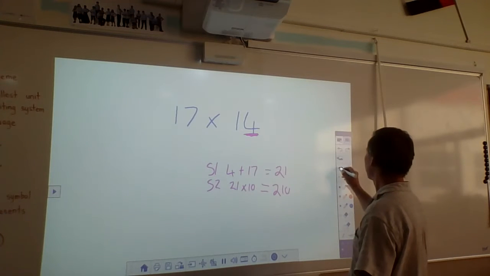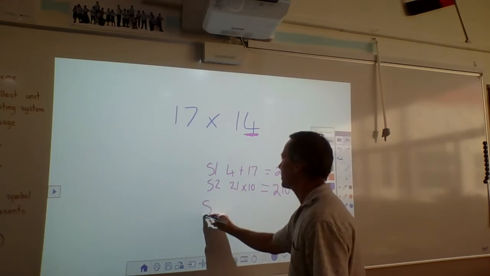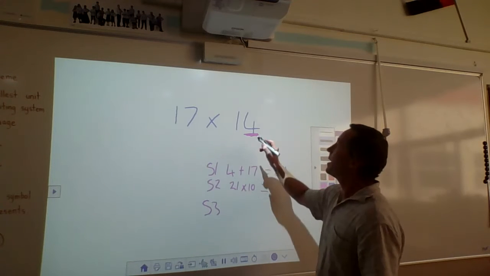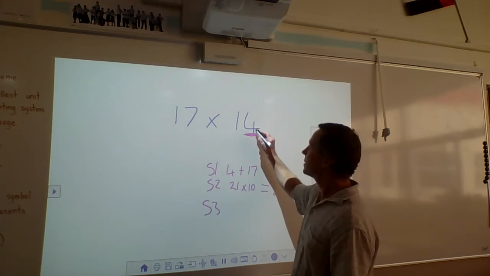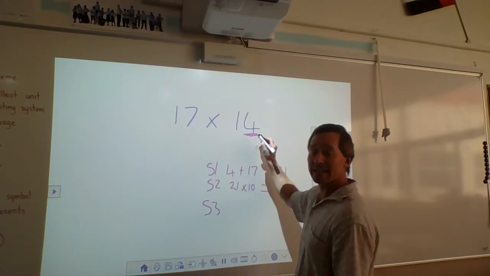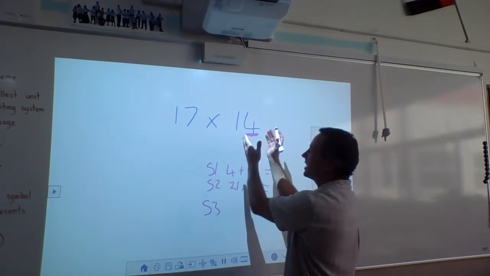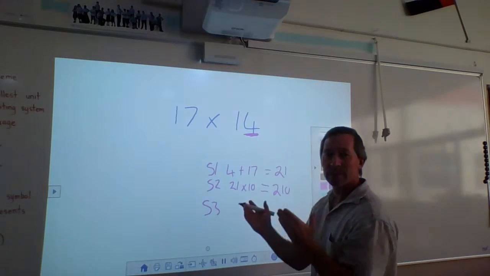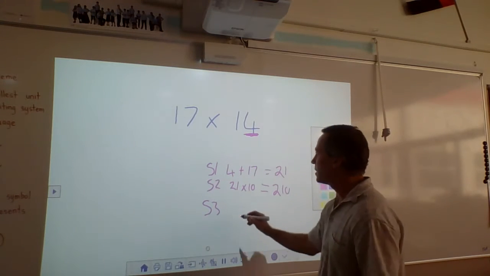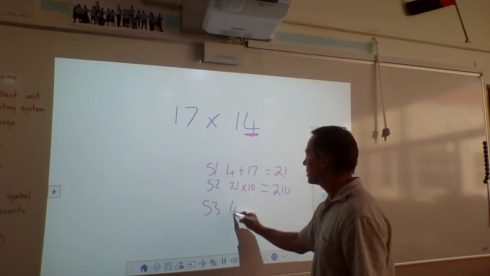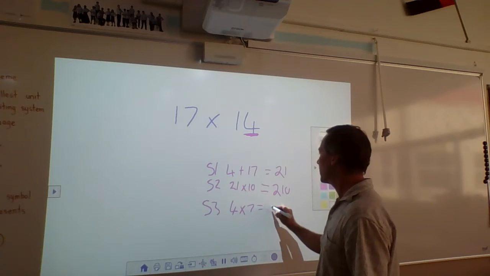Step 3. I'm now going to multiply the ones together, only the ones, in the place value, the ones. So 7 times 4, or I really should say 4 times 7. Either way, it's going to give me the same result. So 4 times 7 would give me 28.